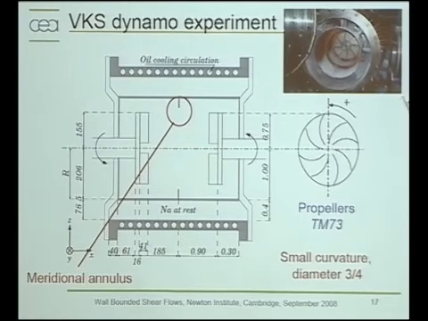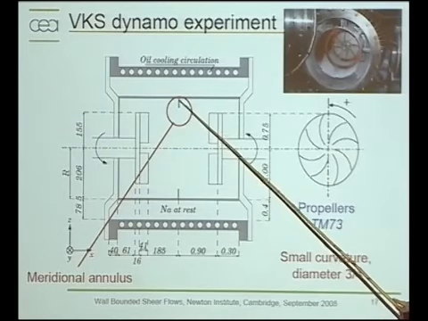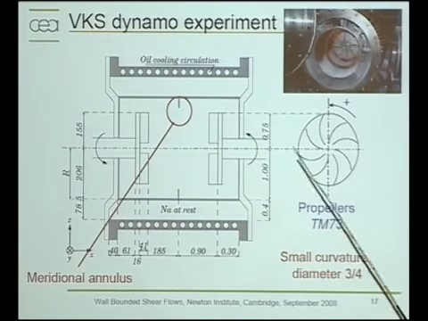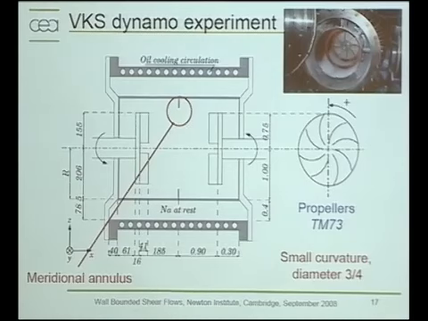Okay. Now I want to show you a slightly different experiment. This is also a von Karman flow, but this experiment was designed to observe a dynamo action in a conducting fluid. For that purpose, we use slightly different propellers with a reduced curvature.